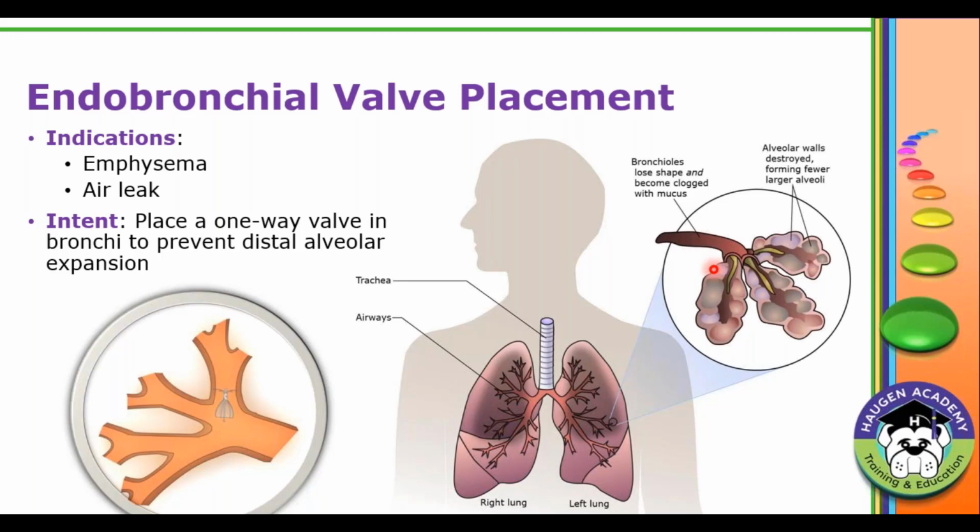Well, this is a patient who has emphysema, and we have breakdown of the walls in the alveoli and increased expansion. What happens in a patient with emphysema is as the alveoli become damaged, they inhale air but are unable to completely exhale what they have inhaled.